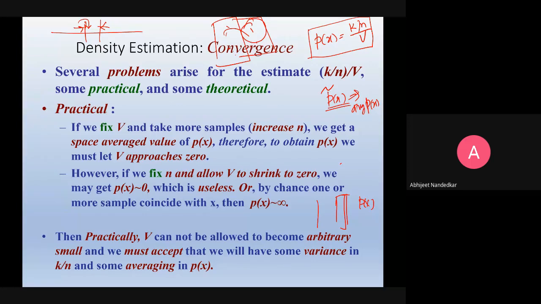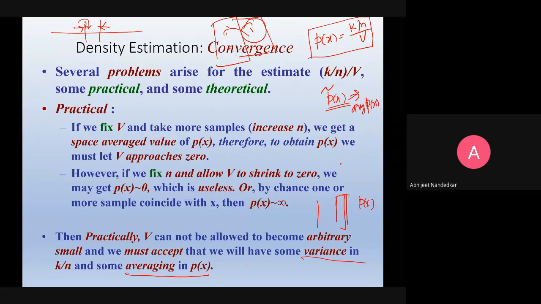So practically, the volume cannot be allowed to become arbitrarily small, and we must accept that whatever we obtain has some variance in it and some sort of averaging effect. Whatever we estimate is not the actual value.